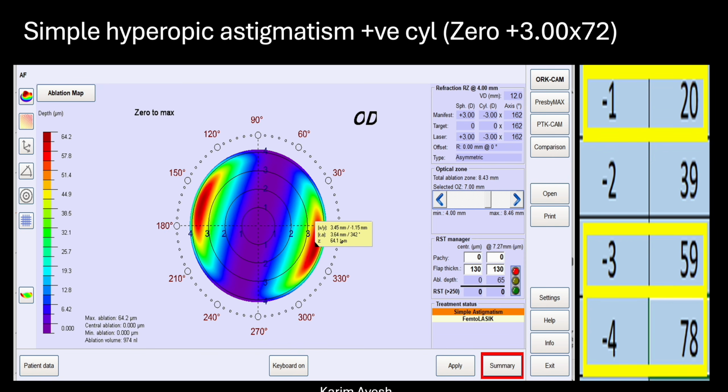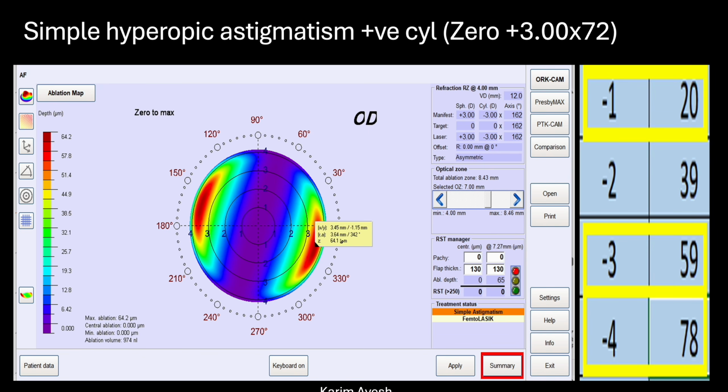As we said before, myopic cylindrical ablation or hyperopic cylindrical ablation are working on the flat meridian. I found here is around 60, or here also is around 60, 64. This is a small change because of something called the coupling effect. So here is 3 diopters just ablated from this flat area, this peripheral area on the flat meridian.